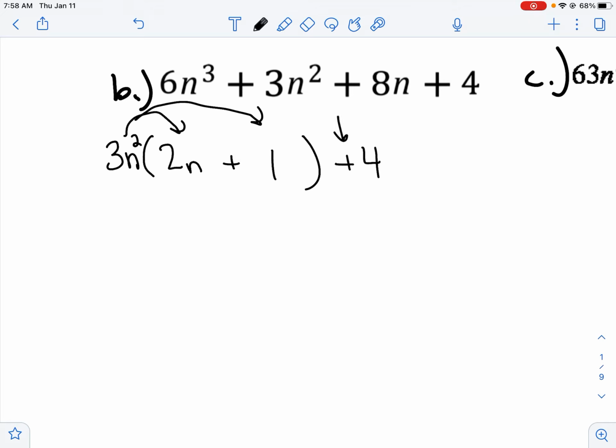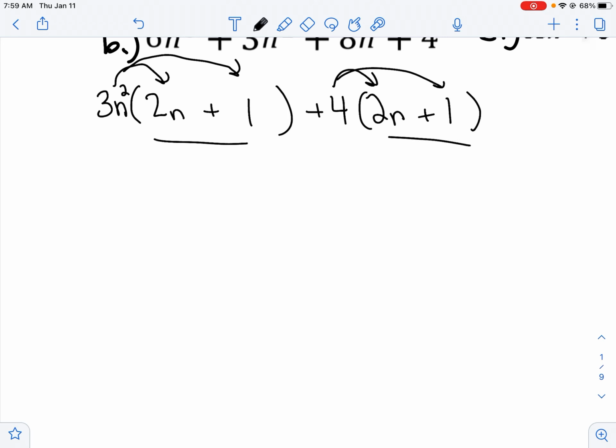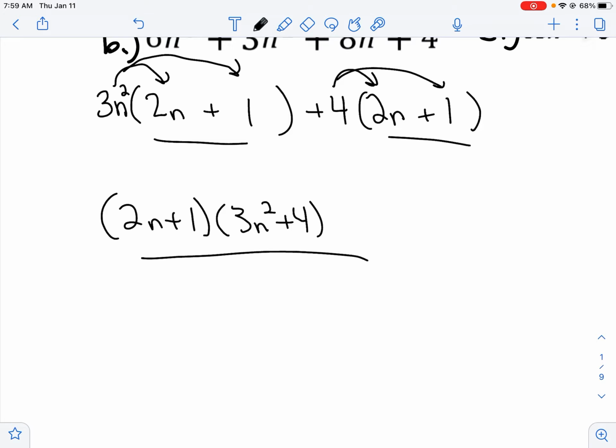There has to be a plus sign here. You've got to separate it. You're not just multiplying everything together. 4 times 2n gives me 8n. 4 times positive 1 gives me 4. And then this gets factored out, so you get 2n plus 1, 3n squared plus 4, right there.